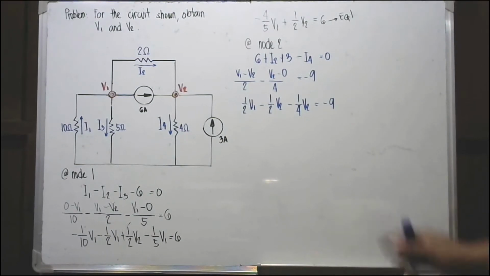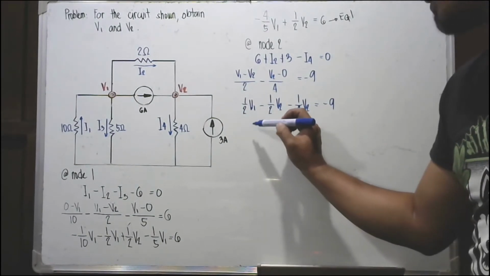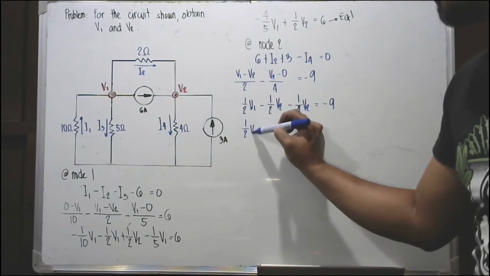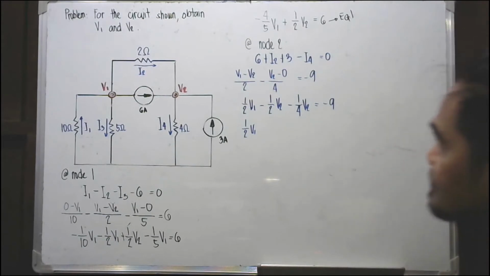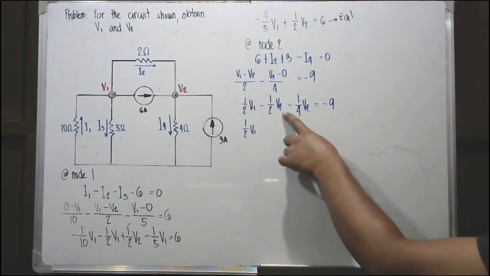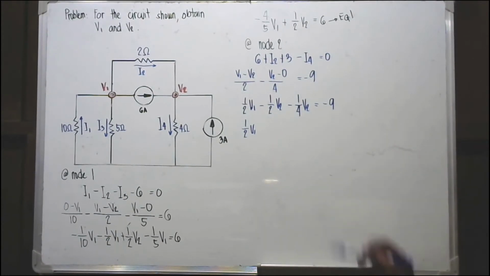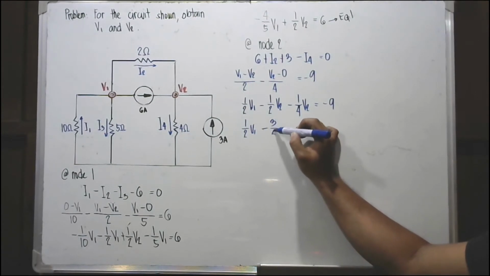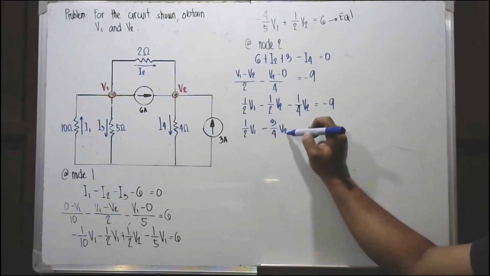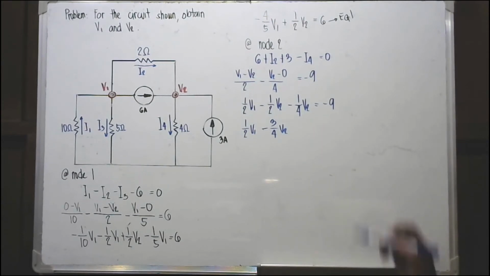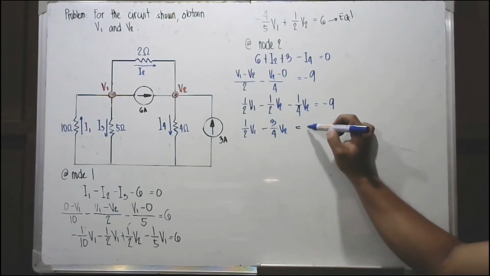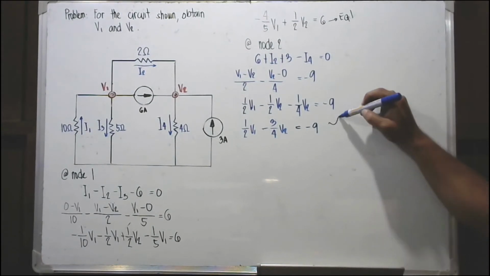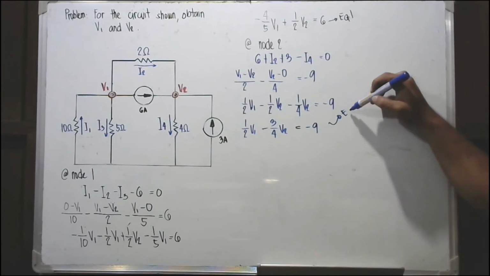So combining like terms, you have 1 half V1, negative 1 half V2 minus 1/4 V2. So you have negative 3/4 V2 is equal to negative 9. So this will be your equation 2.